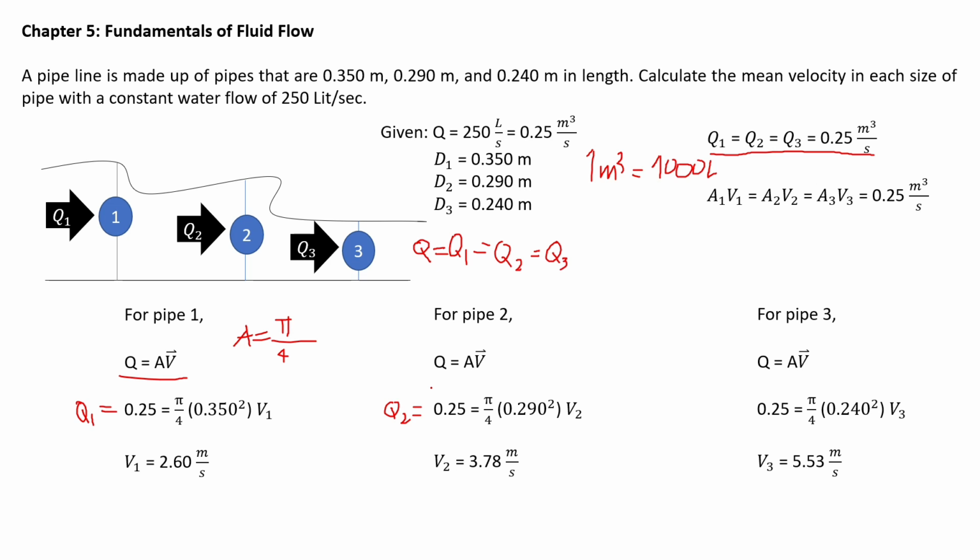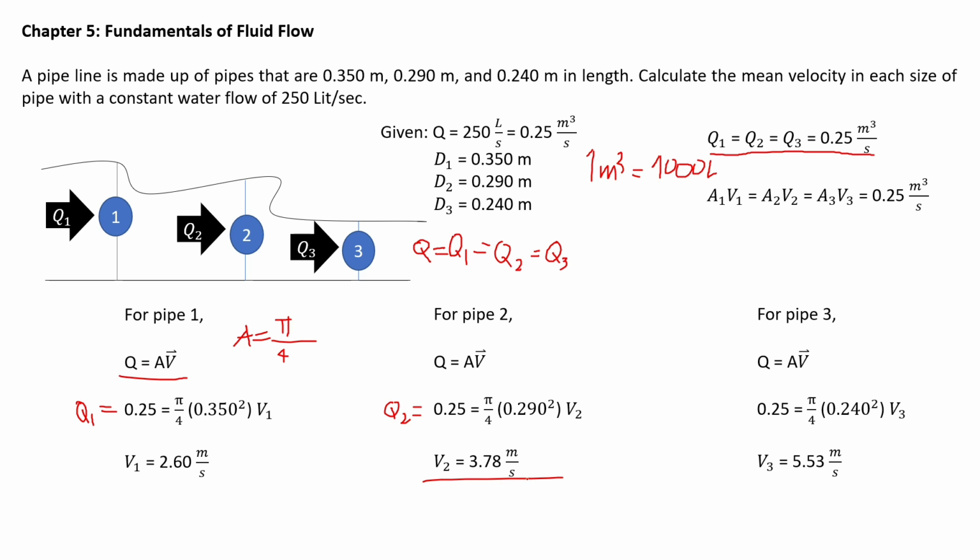But the area and the velocity only have changed. So if we calculate this, we will have the velocity that we are looking for. The velocity of our pipe 2 is 3.78 meters per second.